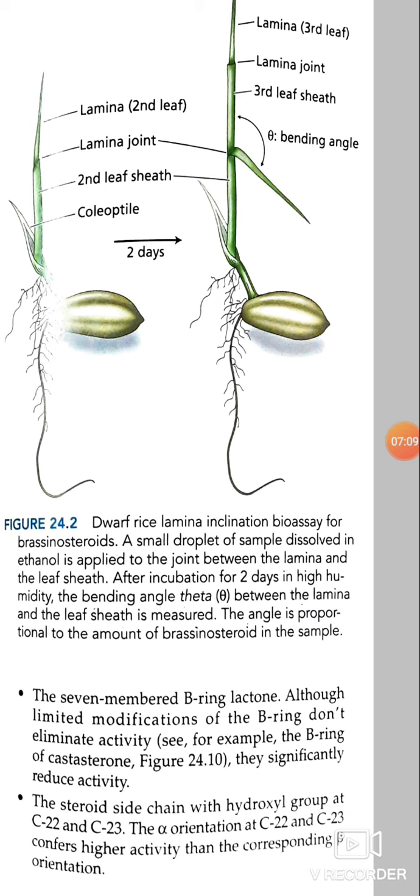Here is a figure: the dwarf rice lamina inclination bioassay for brassinosteroids. A small droplet of sample brassinosteroid dissolved in ethanol is applied to the joint between the lamina and the leaf sheath.